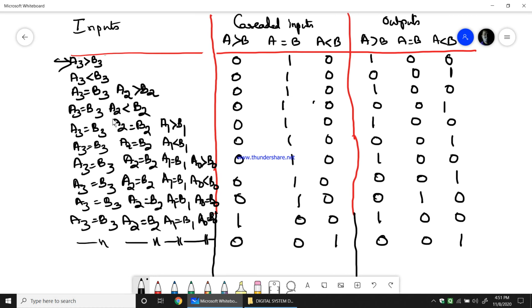When that is equal, then it goes to the next lower bit, where A1 and B1 will be compared. If A1 equals B1, then it goes with comparing A0, B0. When all are equal, then it sees the cascaded input, whichever it decides gives the output in that sense. So this is the 4-bit comparator.